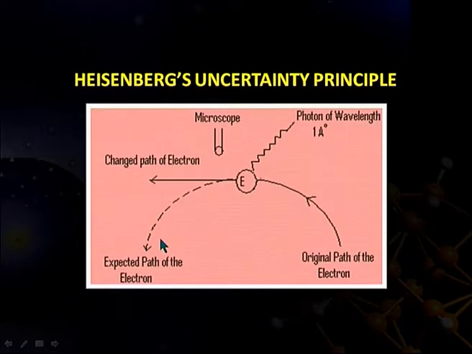Thus this pictorial presentation can be shown over here: the change of the path of the electron, this is the microscope, photon of 1 angstrom, and origin of the path of the electron and expected path of the electron. In this condition, the determination of velocity of electron is possible, but the position or the location of electron cannot be determined accurately.